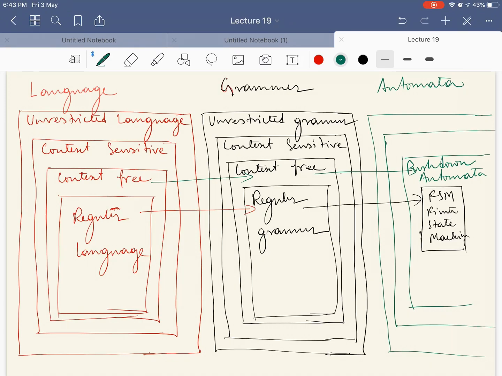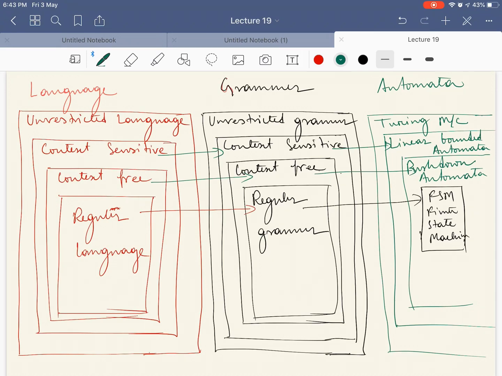Context sensitive language and its automata is called linear bounded automata. Unrestricted language and its automata is called Turing machine.